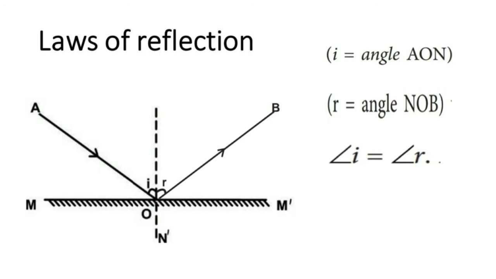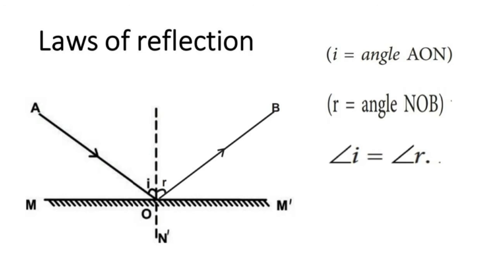Normal line. The angle made by the incident ray with the normal, that is i equal to angle AON, is called the angle of incidence. The reflected ray OB makes an angle r equal to angle NOB with the normal, and this is called what? Angle of reflection.